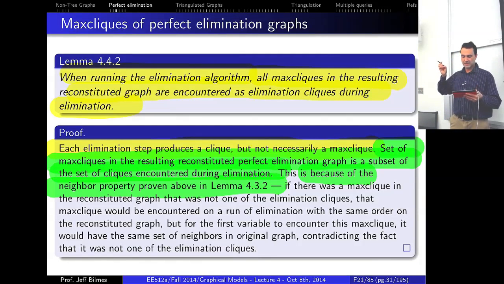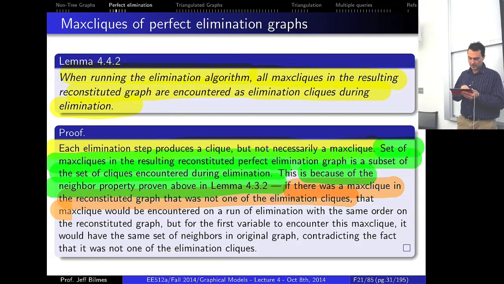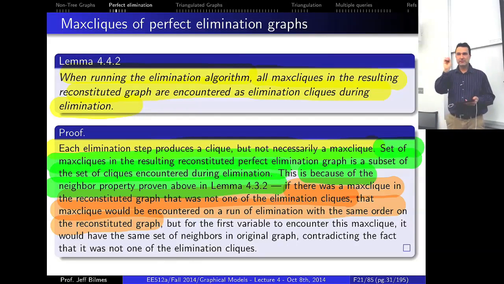If there was a max clique in the reconstituted graph, so let's use orange for this, that was not one of the elimination cliques, okay, that clique would be encountered in a run of the elimination with the same order on the reconstituted graph. Right? Because eventually the first vertex of that clique is going to be seen.